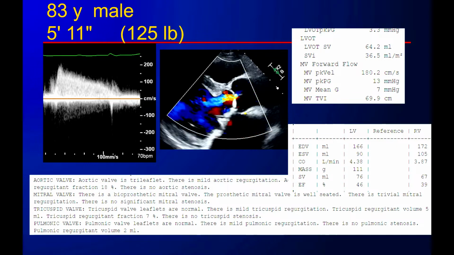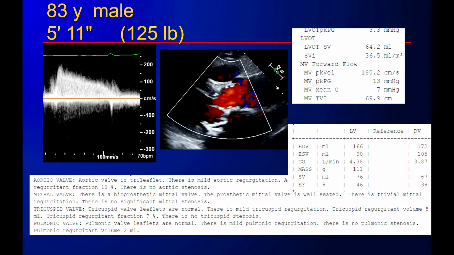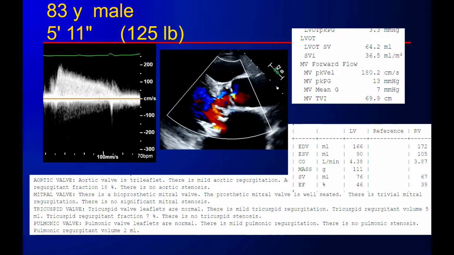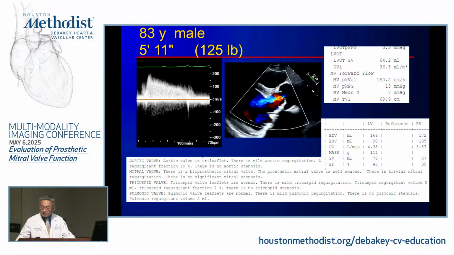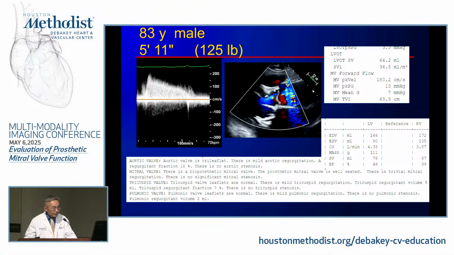That's the LVOT Doppler from echo. So Carlos, what do you think? Would you call this significant? The Doppler is through the mitral bioprosthetic valve. Yeah, I think that's definitely stenosis. How bad do you think?